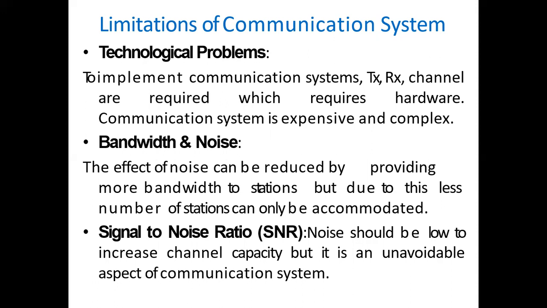Bandwidth and noise: we are transmitting our information through the channel, either wired or wireless, and definitely noise will affect it. We can reduce noise by providing more bandwidth, but due to this, a smaller number of stations can be accommodated, because more bandwidth is given to each station.